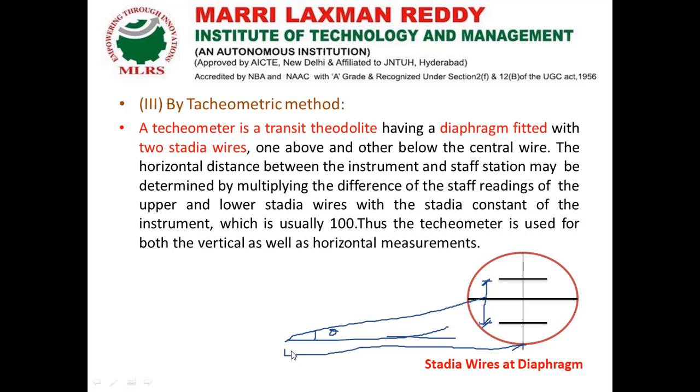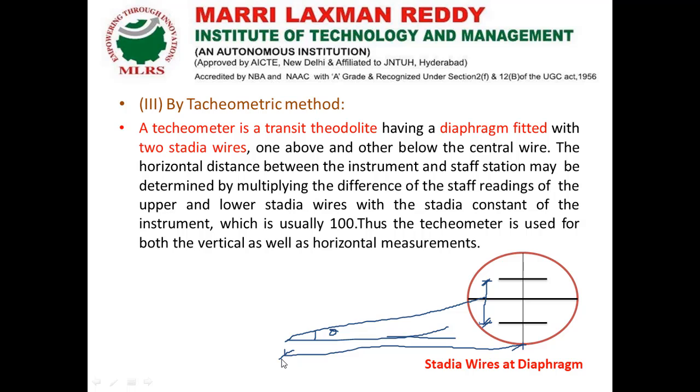Where can we use this tachyometric method? If the ground is highly undulated, at that time we can go with this method, since we need the horizontal distance between the instrument and the leveling staff point.